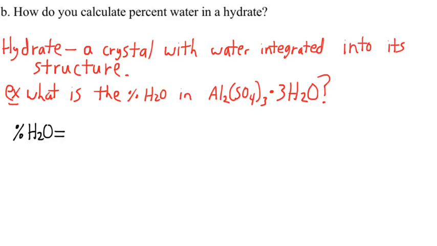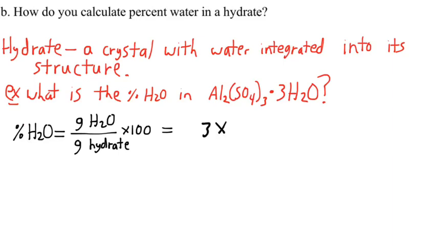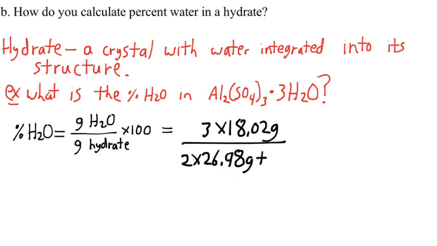So here's how we would do it. The water, there's 3 of them. We added up in the previous problem, it was 2 hydrogens and oxygen is 18.02. And then the whole thing is the 2 aluminums plus 3 sulfurs. I'll come back to the subscripts.